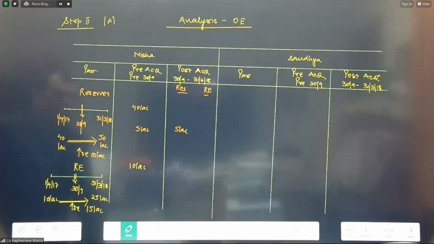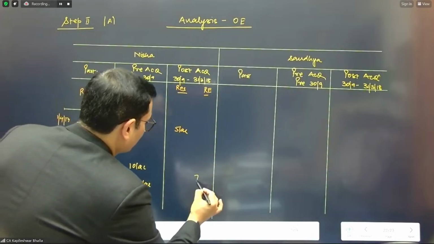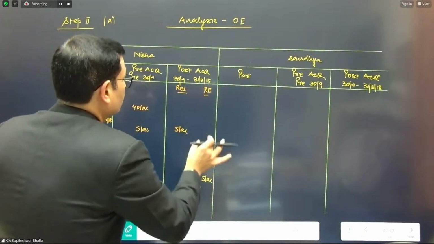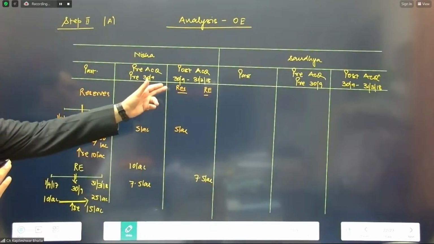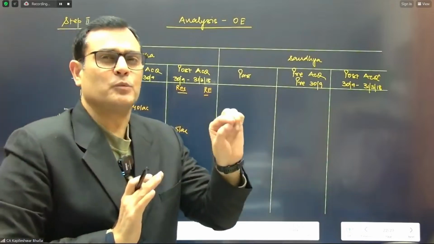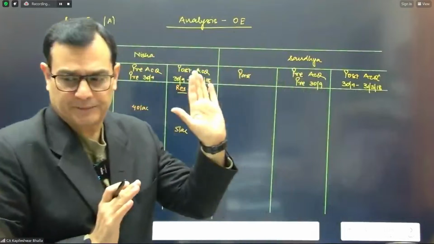And the increase of 15 lakhs will be divided in the time ratio, that is 7.5. And remember to consider a separate column in the post-acquisition column. So you can notice that we've taken the reserves on a separate column and the retained earnings on a separate column because we want to do a line-by-line addition in terms of balance sheet.